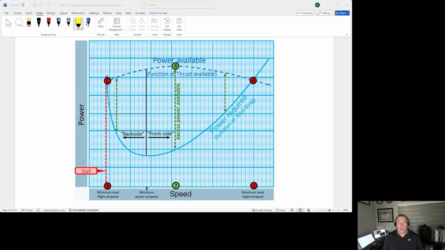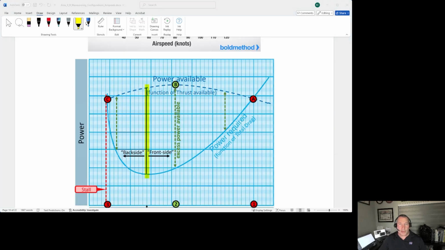Most of us have heard the term being behind the power curve. Now, that gets applied to a lot of things these days, but that term came from aviation. Now, if we look at our diagram here, we have a line at our minimum power required speed, the point of minimum drag, and it's labeled backside and front side.